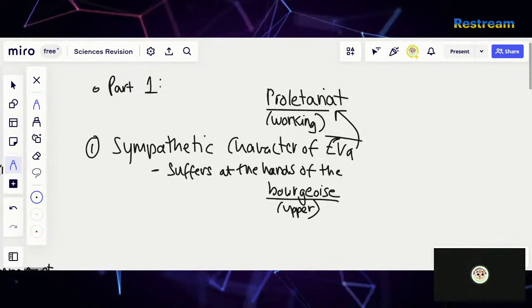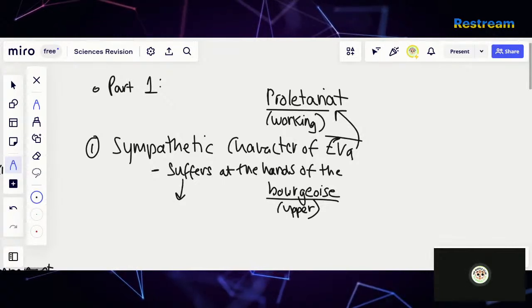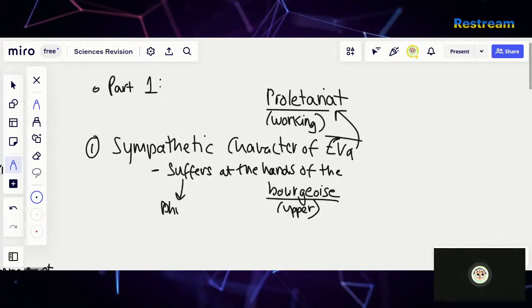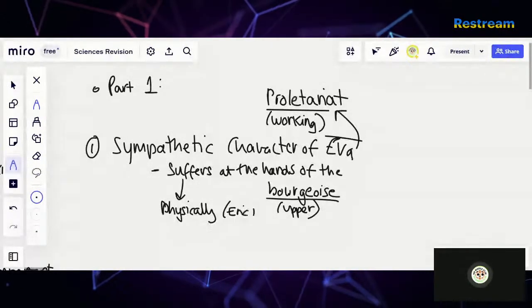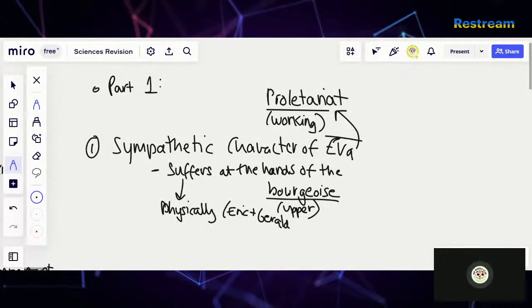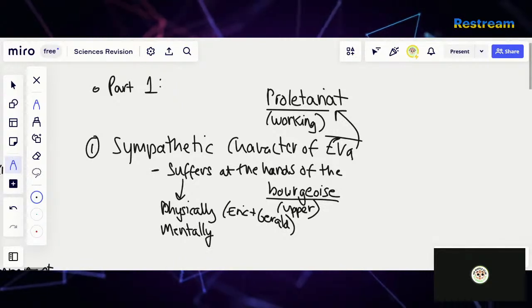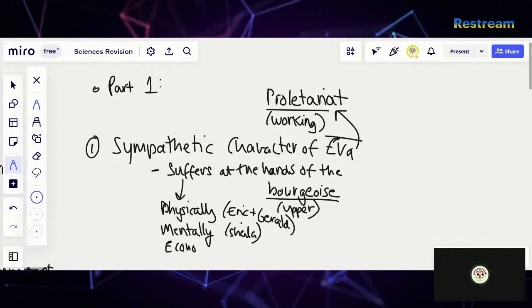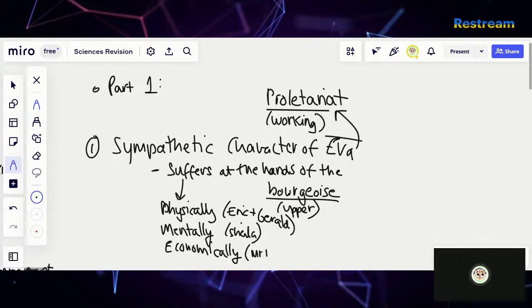And how does she suffer? She suffers both physically, especially through Eric and Gerald, and she suffers mentally, through Sheila. She suffers economically through Mr. and Mrs. Birling.